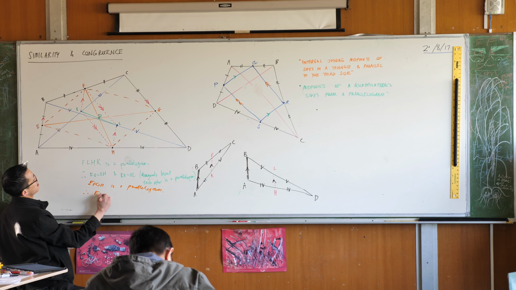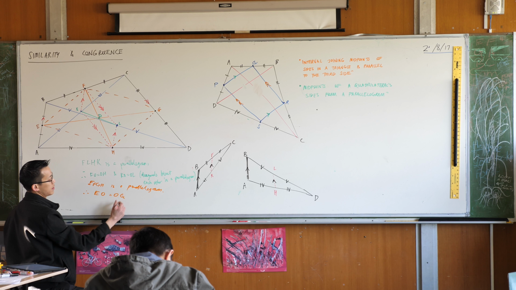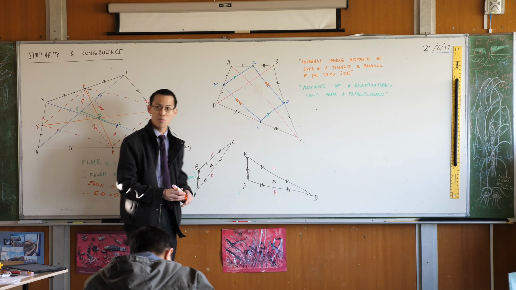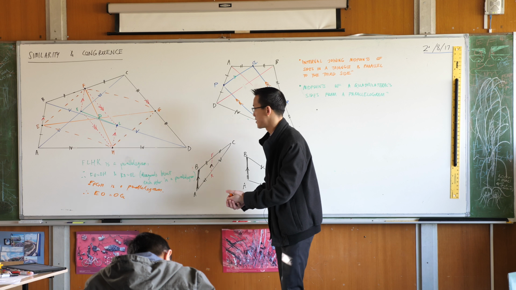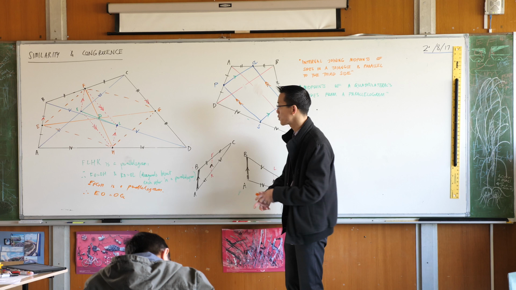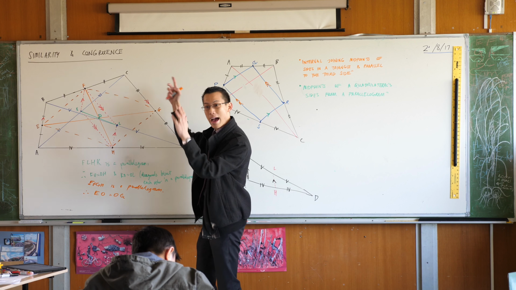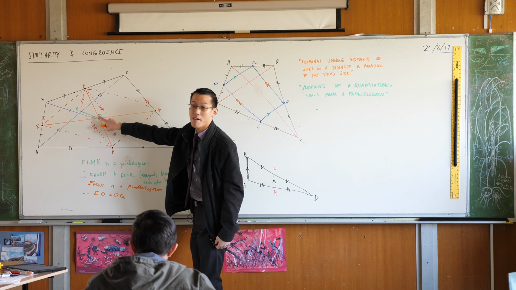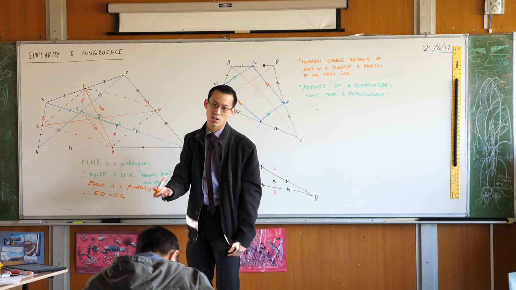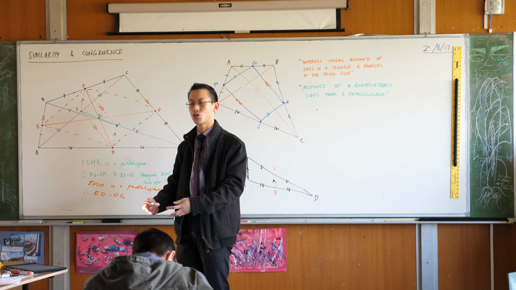Therefore, EO equals OG. Now, if these two parallelograms have mutually bisecting diagonals, and they actually share a diagonal, then all of them have to bisect each other all at that one spot, which is what your original construction proved in the beginning, or showed anyway.